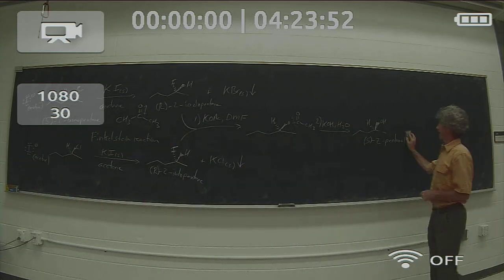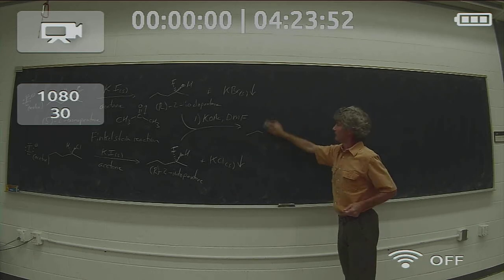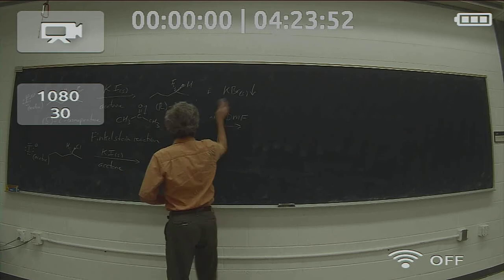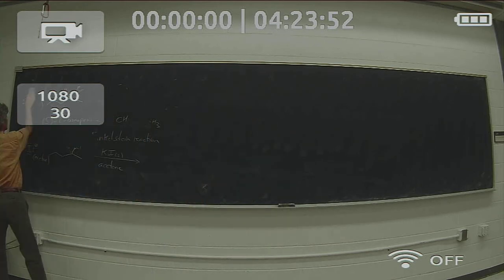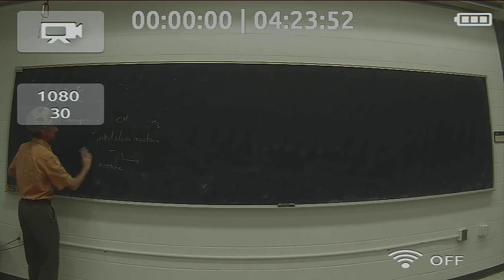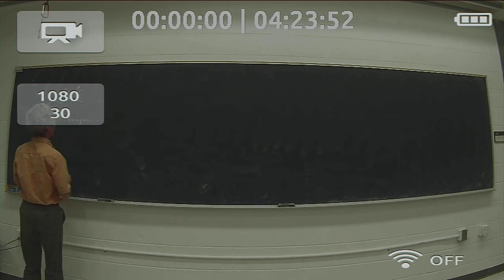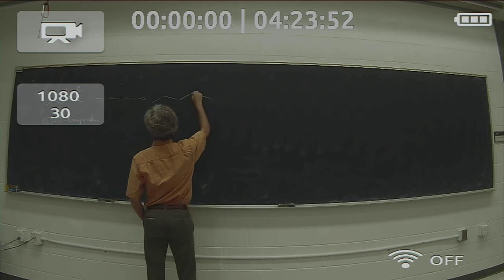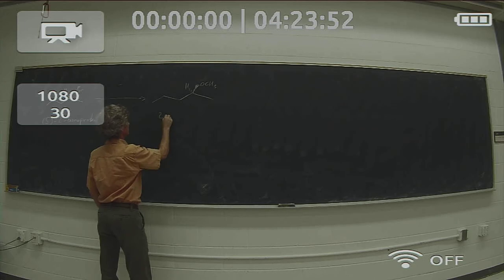Another question we might ask is, what if we want to make an ether with defined stereochemistry? What if the desired transformation were to start with S-2-bromopentane and create from that either the R or the S isomer of 2-methoxypentane.